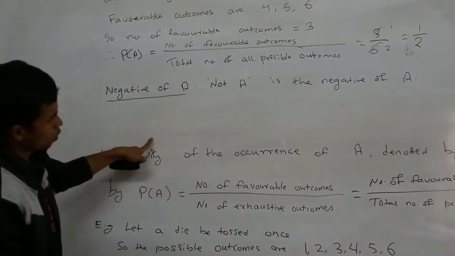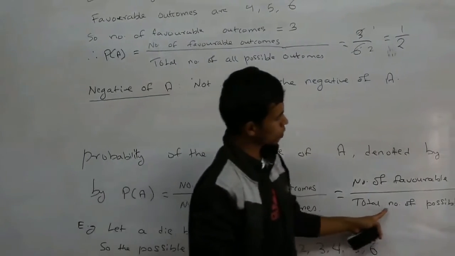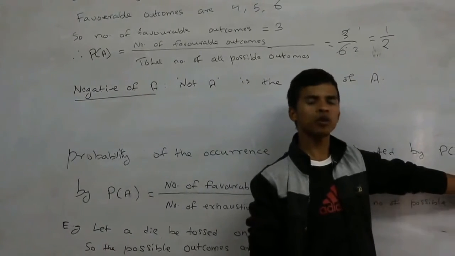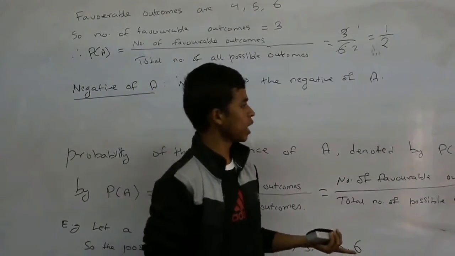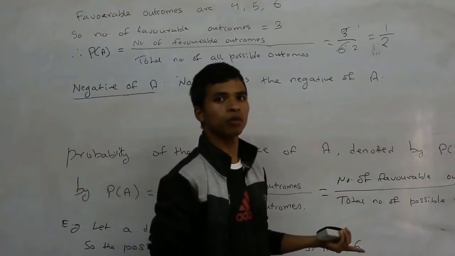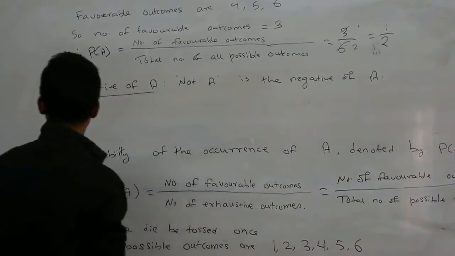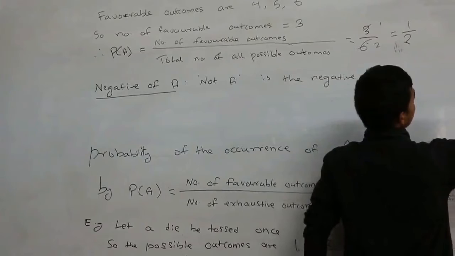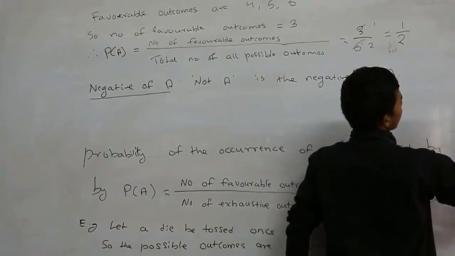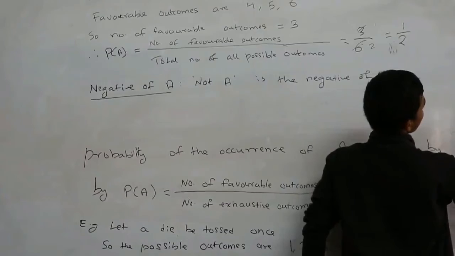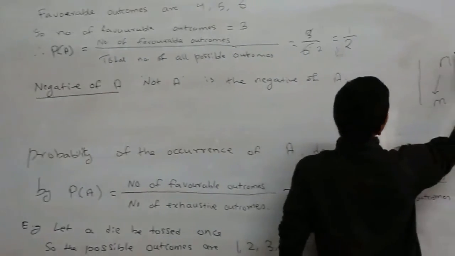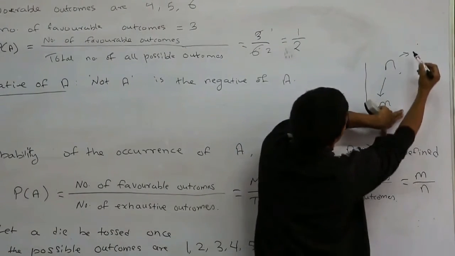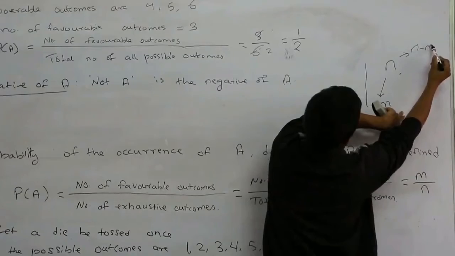So from here, the total number of all possible outcomes is n, and m of them are favorable to A. So those which are not A are those outcomes which are not favorable to A. From n, m are favorable to A, so the remaining will be n minus m.